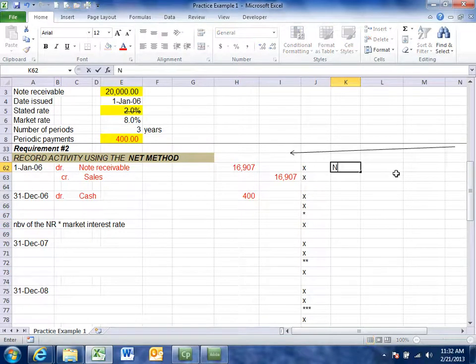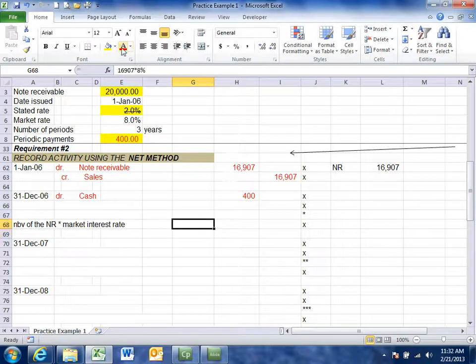My interest calculation is 16,907 times 8%, so my interest revenue is $1,353. If you were to go back and take a look at the notes that you made for the gross method, you would notice that that's the exact same interest revenue we calculated under the gross method. The two numbers are identical, there's no change.